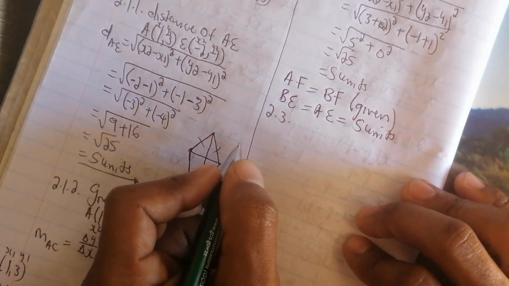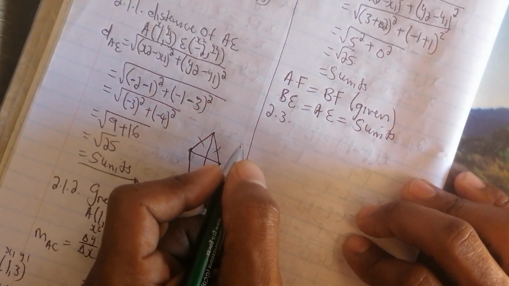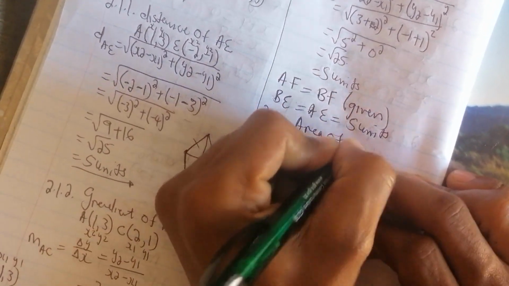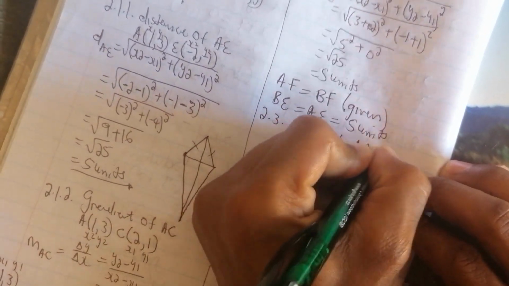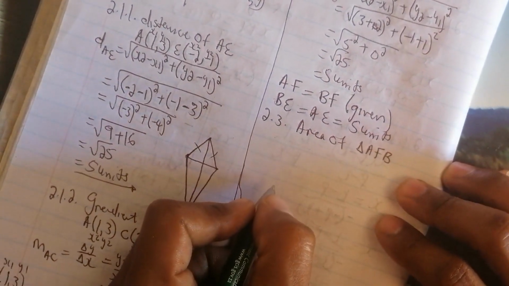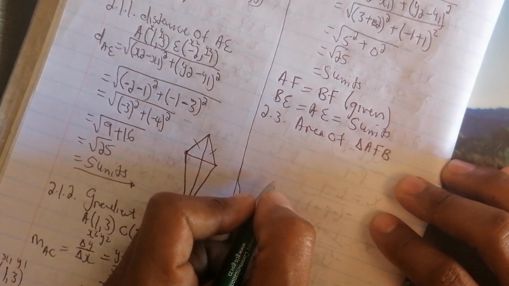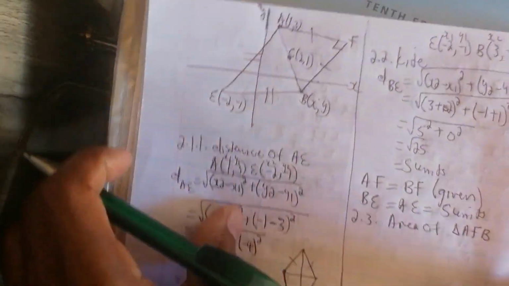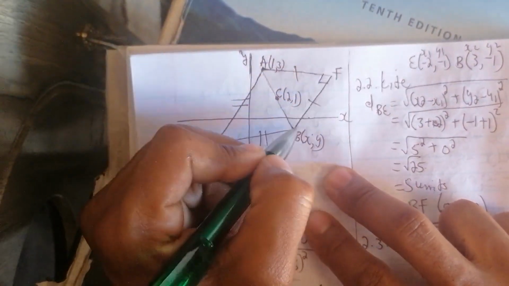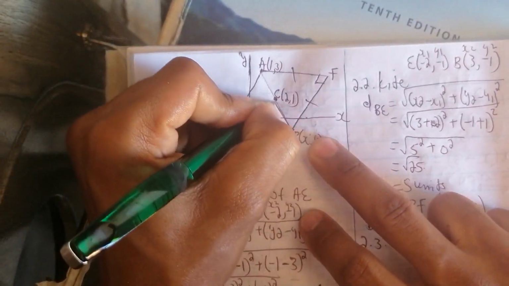In 2.3 they say calculate the area of triangle AFB. They are looking for the area of triangle AFB. How do I calculate that? The area of AFB. Now let us look at AFB. If we are here and we want AFB, there it is.